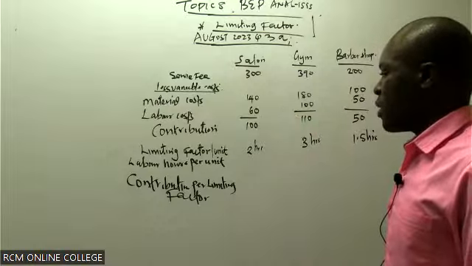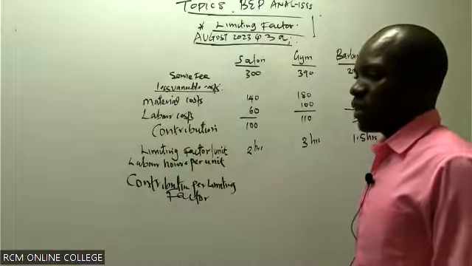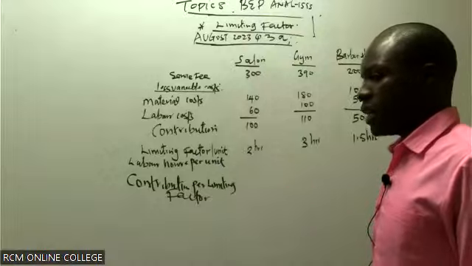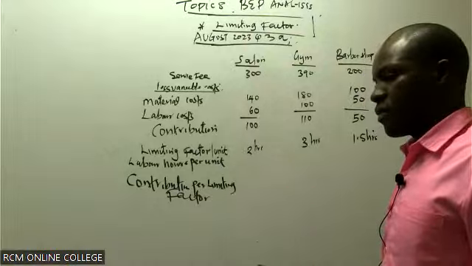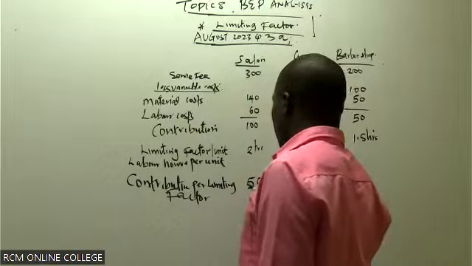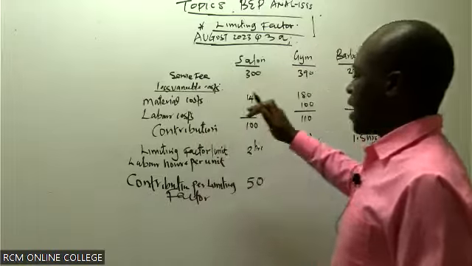How many shillings now per hour under this? Contribution per hour: take 100, divide by 2. So for every 1 hour, the company is going to make 50 shillings.